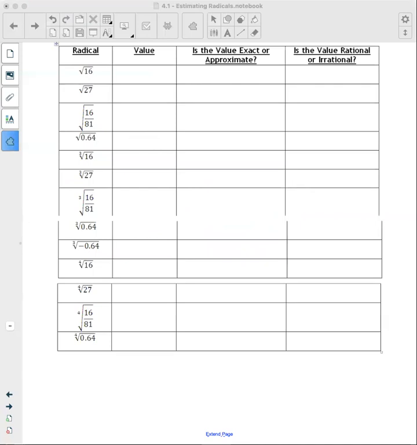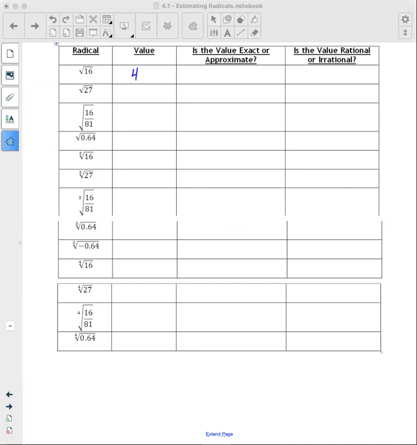So here is a chart. It's comparing radicals, values, if those values are exact or approximate, and if that value is rational or irrational. We're going to learn a little bit more about rational and irrational numbers next lesson. But for the purpose of right now, if the value terminates, so for example, this first one, the square root of 16 is 4.